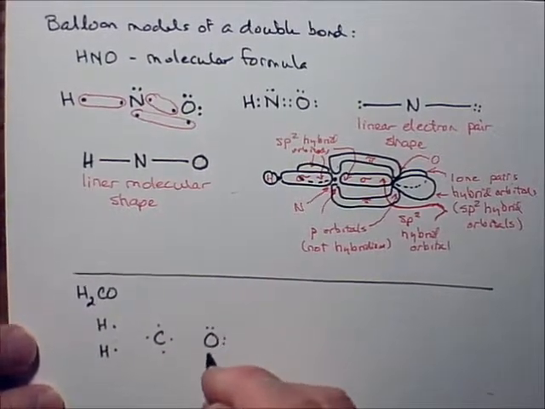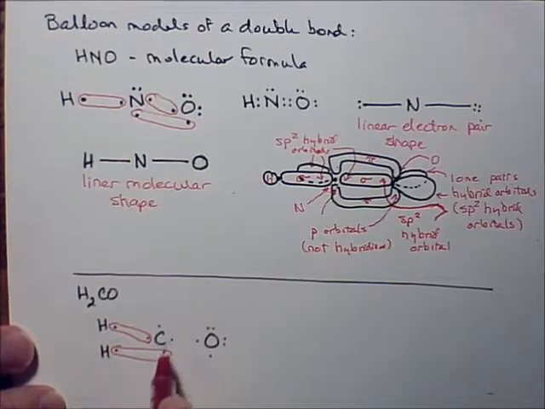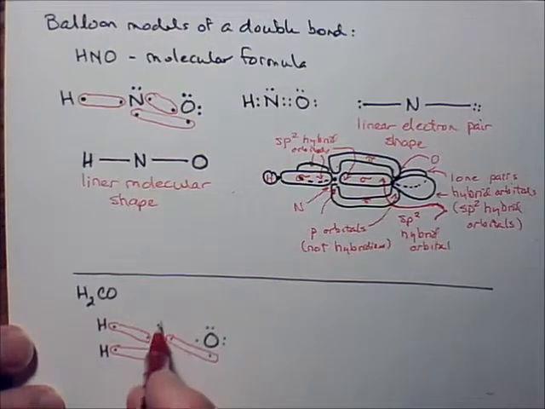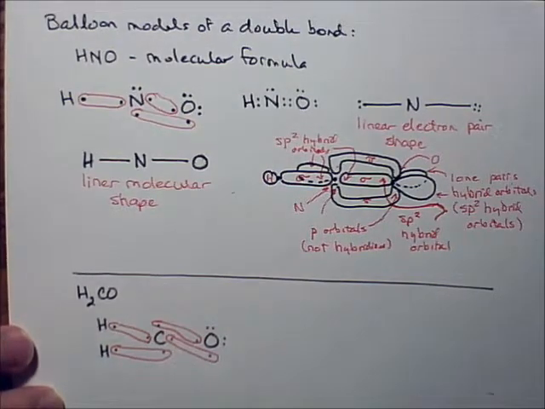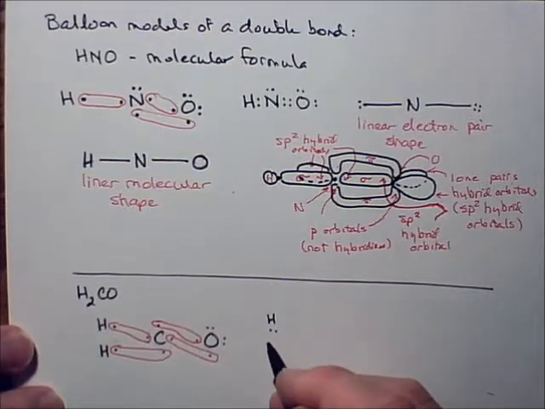Oxygen, we just said, had 6. Share the electrons, so this gets shared here, this can be shared here, then this one can be shared here, and this one here. Electron dot formula then becomes something like this.